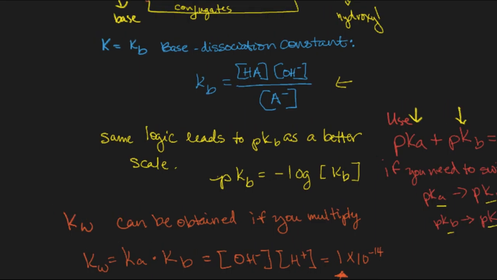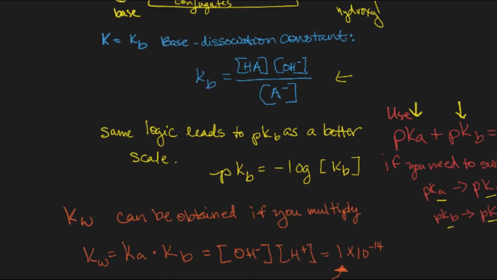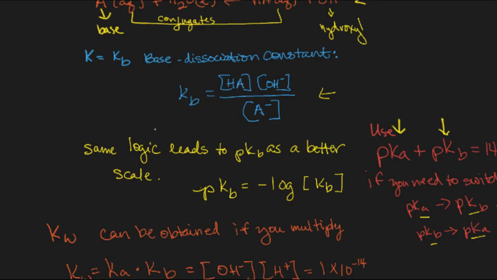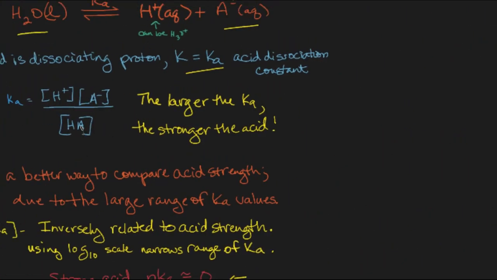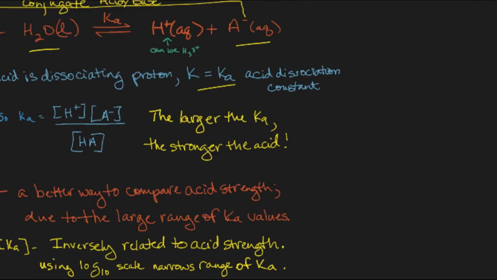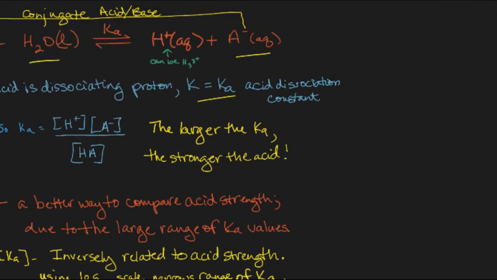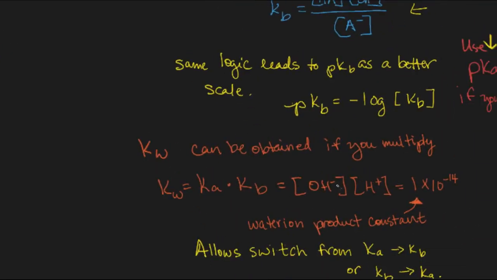Now, if you were to multiply Ka and Kb, what happens is the acid on top cancels with the acid on the bottom over here, and the A minuses cancel from the top and the bottom, and the only thing you're left with at that point is just the hydroxyl ion concentration times the proton concentration.